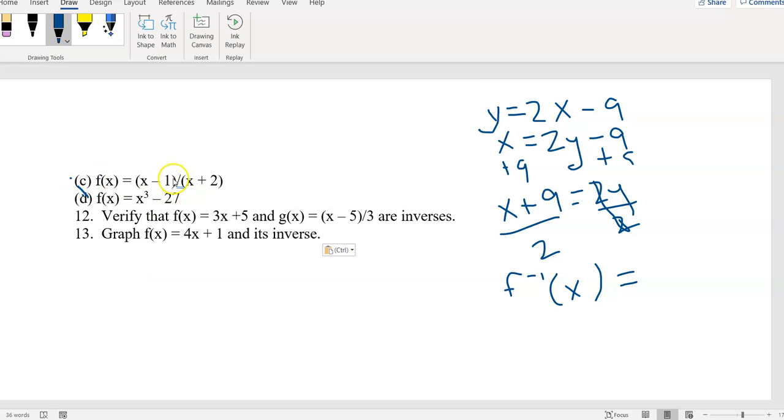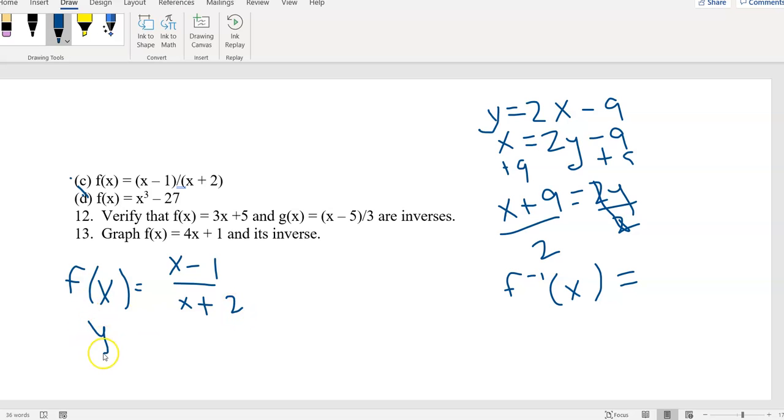So let's now find the inverse for letter C here. All right, so I will copy that down. And then we'll go through our steps. So first step, we want to change our f of x into y.